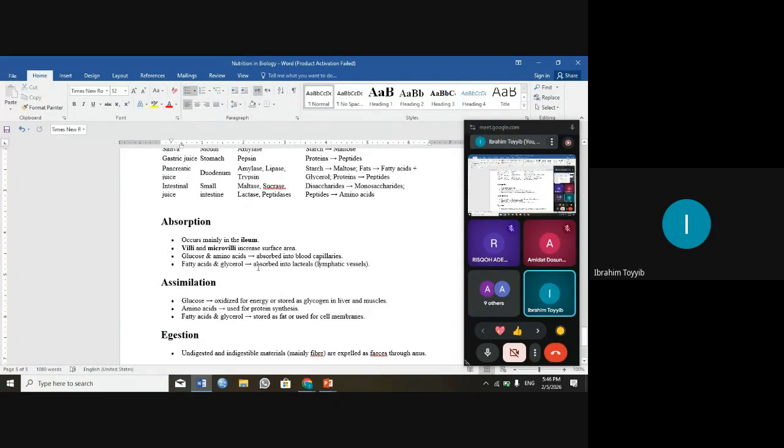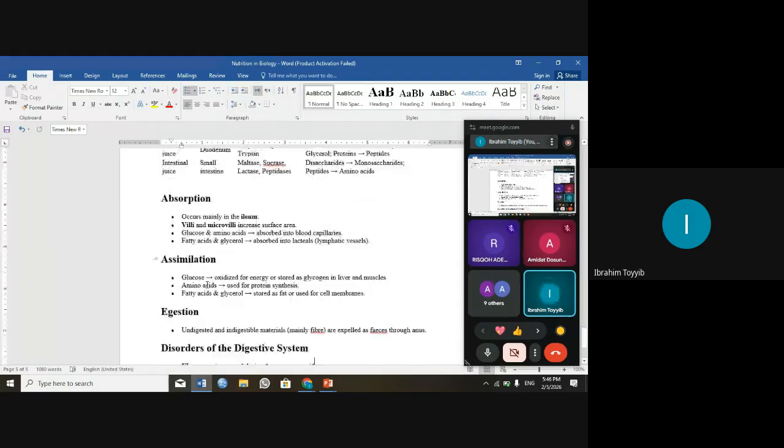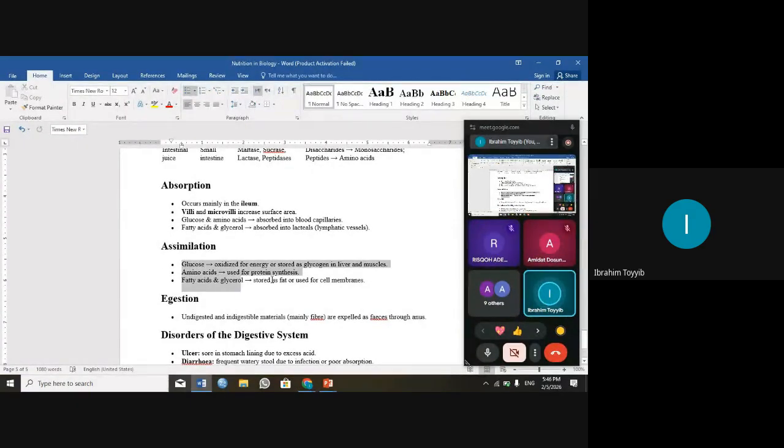So assimilation, this is what happens in the assimilation. Glucose will be oxidized for energy or stored as glycogen in the liver and muscles. Amino acid is used for protein synthesis, and fatty acid and glycerol are stored as fat or used for cell membrane.